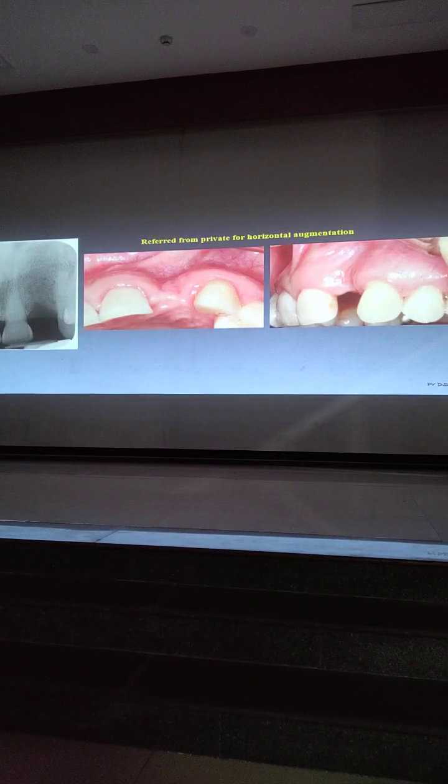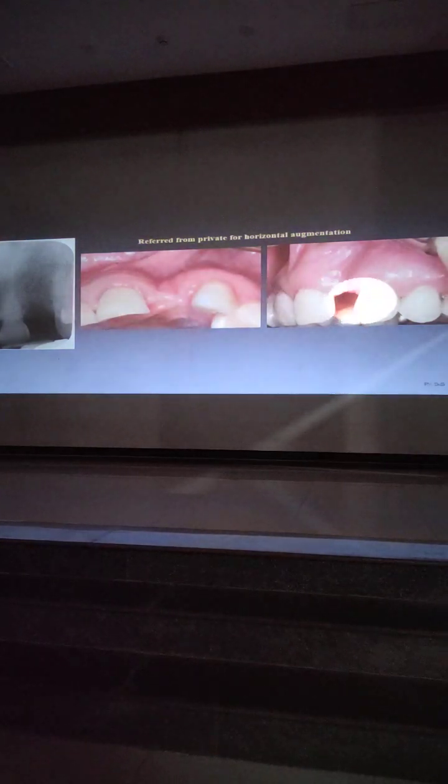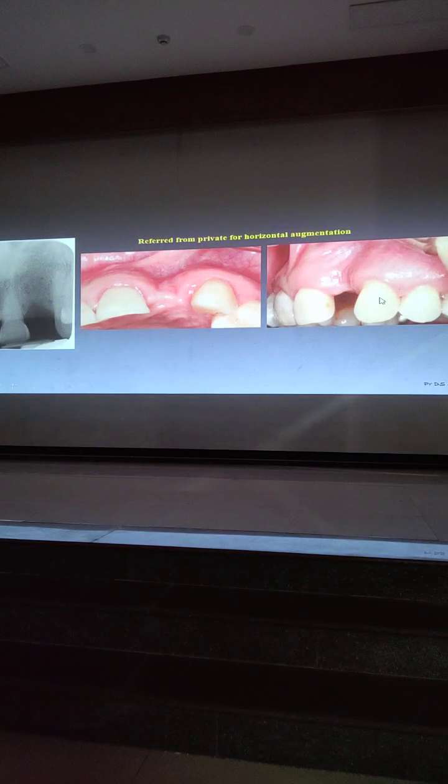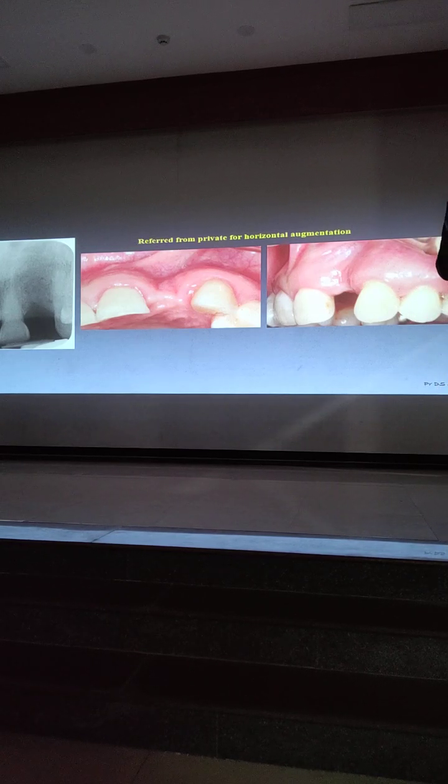Here's the case. You can see here a horizontal defect. What would you like to do? Block technique, or a mesh technique with delayed implant placement, or a simple technique for your patient?